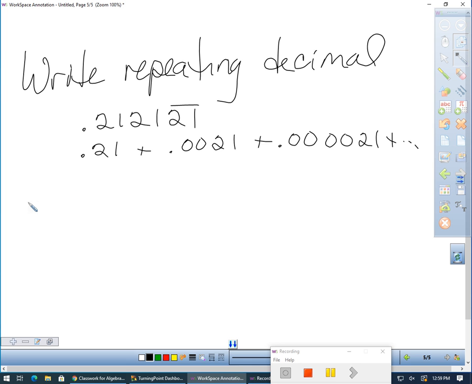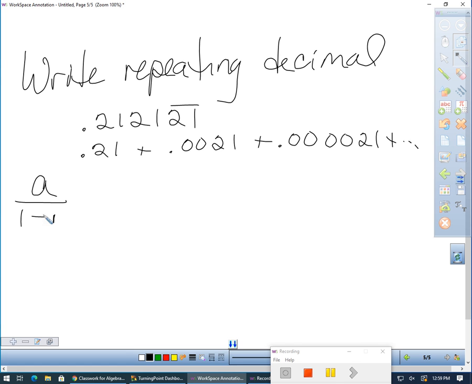So it does follow this a over 1 minus r. It follows that same formula. It's going to take our first term, which is 0.21, and put it over 1 minus 0.01. What I want to say is when you have a repeating decimal, I want you to use the shortcut.